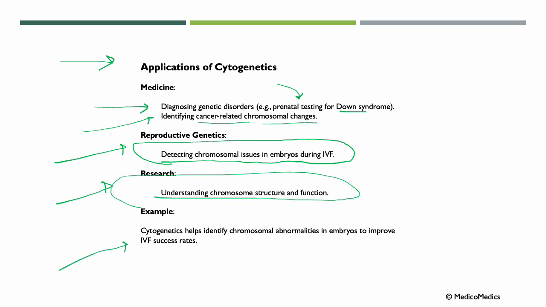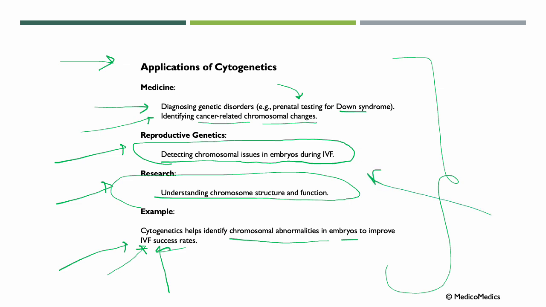For example, cytogenetics helps identify chromosomal abnormalities in embryos to improve IVF success rates. And IVF is in vitro fertilization. So cytogenetics is used in medicine to diagnose disorders, but also in fertility clinics to ensure healthy embryos, and in labs, of course, to study chromosomes.